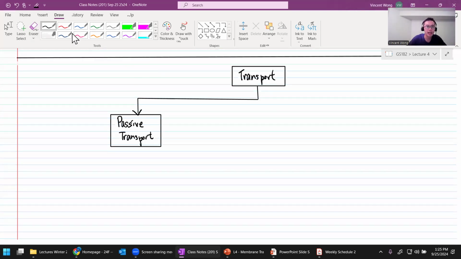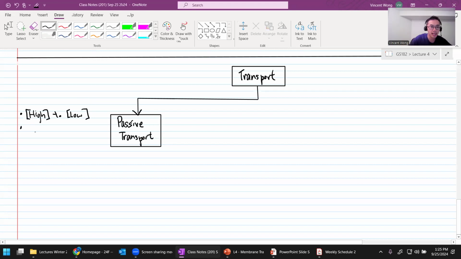All right, so here's the passive transport. What does it mean by passive transport? In passive transport, things go from high concentration to low concentration. Okay? Diffusion is an example of passive transport. It goes from high to low.